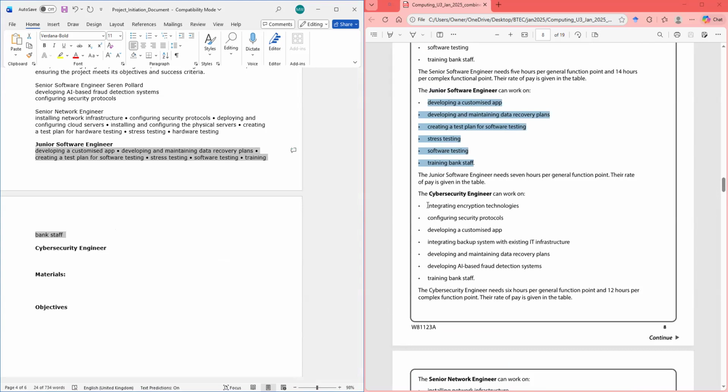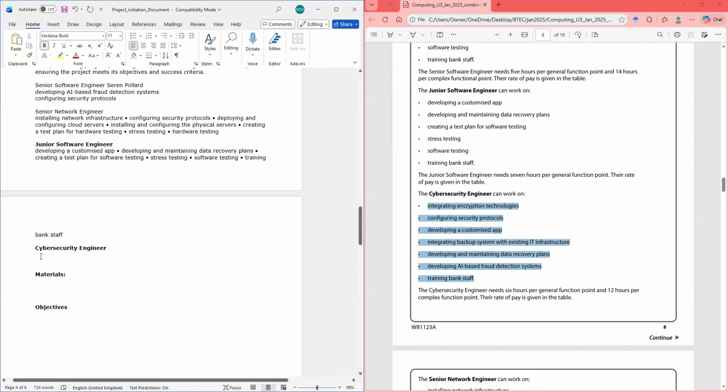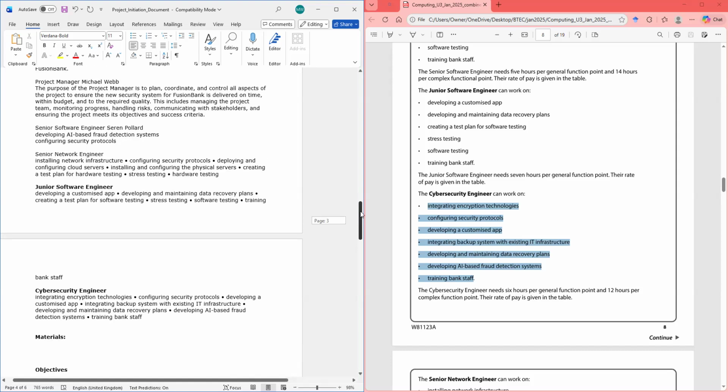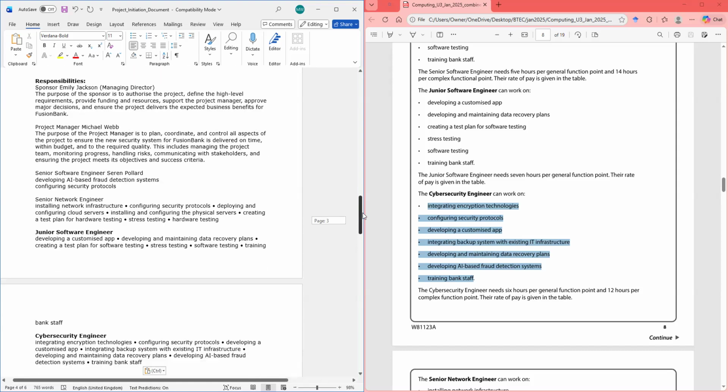Then the cyber, we're going to do these for the cyber, because it's responsibilities. All right? Are we missing anybody? All right, and we just copy them over.